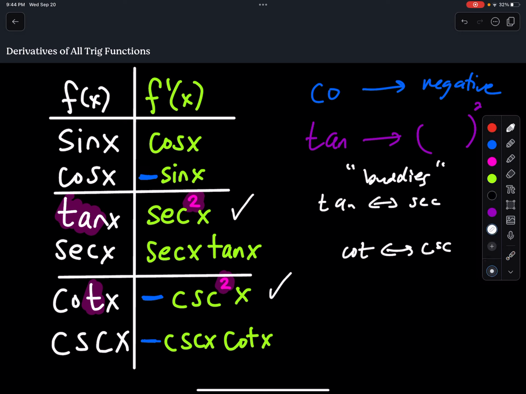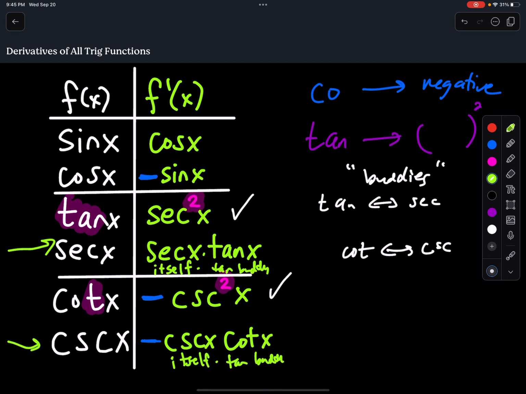You'll notice as well, when you take the derivative of anything with a secant, whether it's secant or cosecant, you'll have itself multiplied by its tan buddy. The derivative of secant x is itself, secant x, multiplied by tan x. The derivative of cosecant x, again, it's itself. Oh, there's also a negative because you're taking the derivative of a co. It's itself times its tangent buddy, which happens to be cotangent.